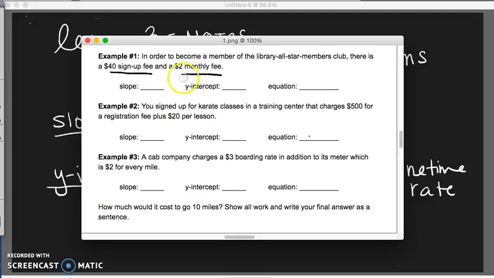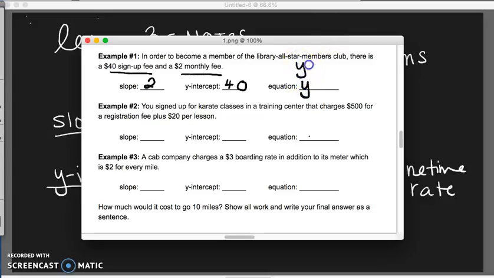So your slope will be 2 and your y-intercept will be 40. You're adding 2 plus 2 plus 2 every month, and your y-intercept was starting at 40. Even if you end up not liking it after a month or so, you still had to pay $40 for that sign-up fee.